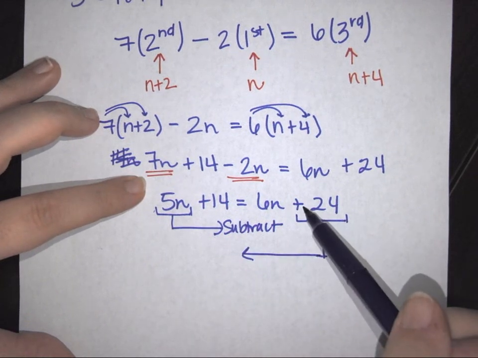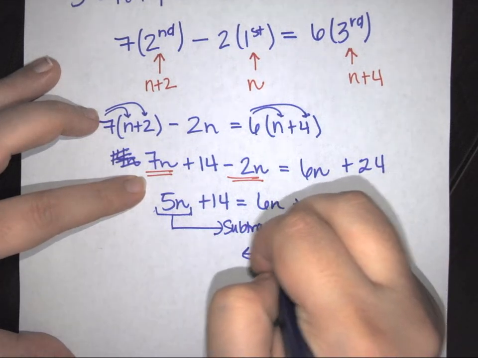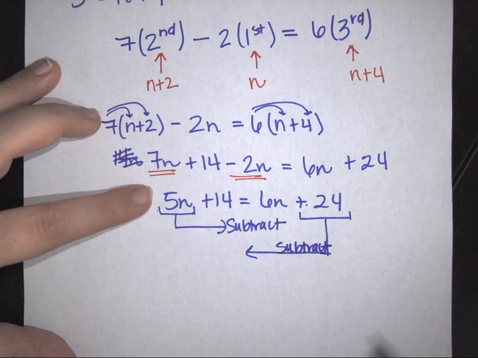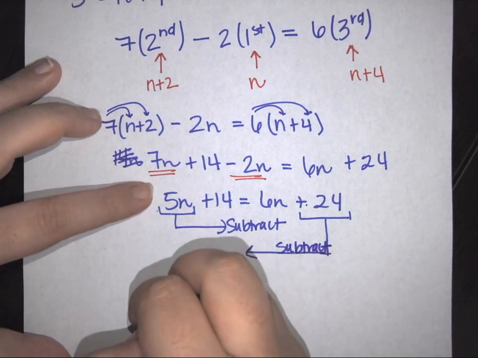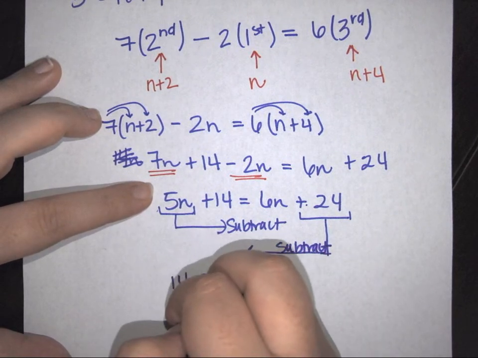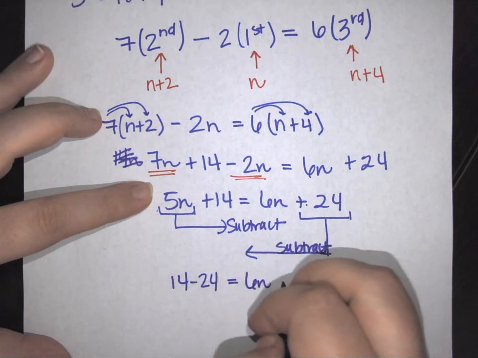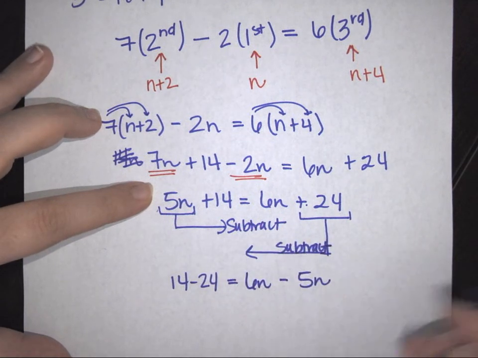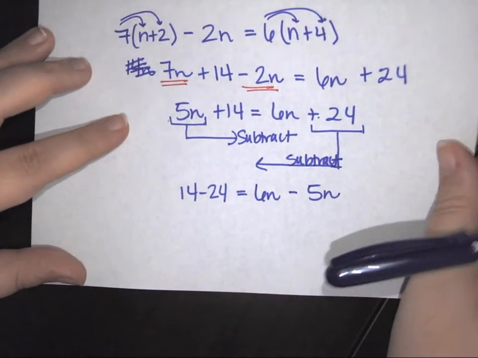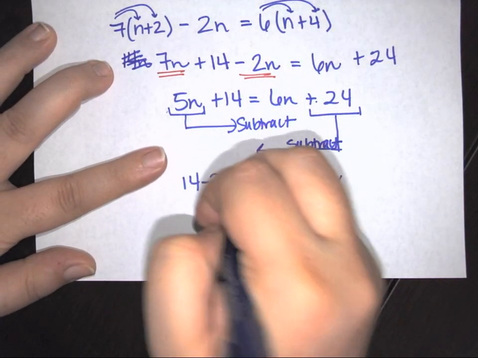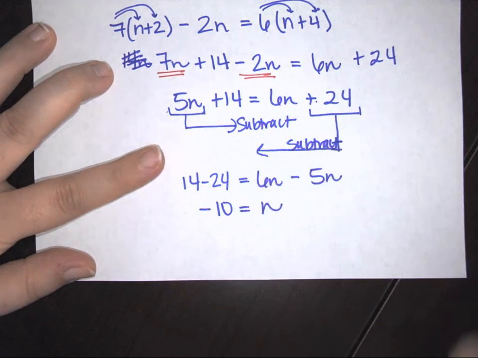Since I'm adding, in order to move it I have to subtract. So I'm going to have 14 minus 24 is equal to 6n minus 5n. Complete my subtraction, and I have negative 10 is equal to n.